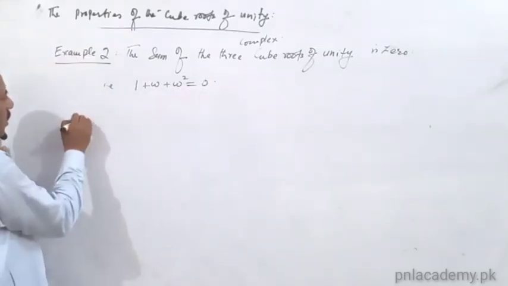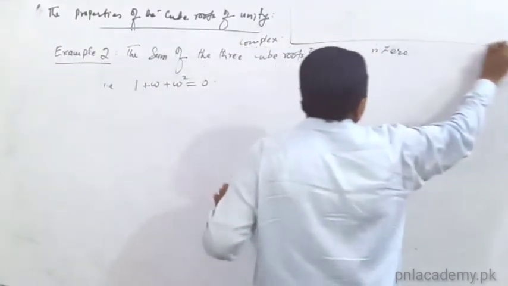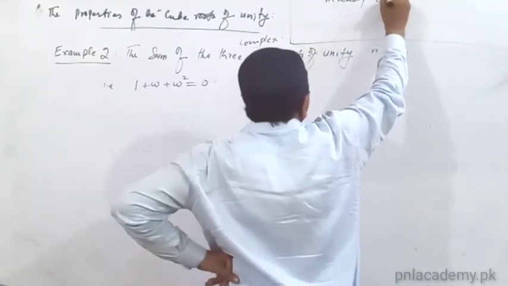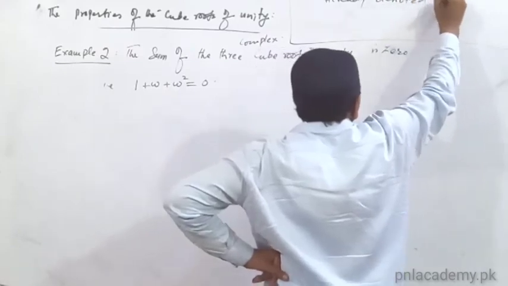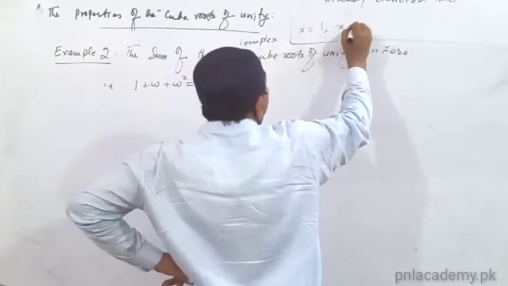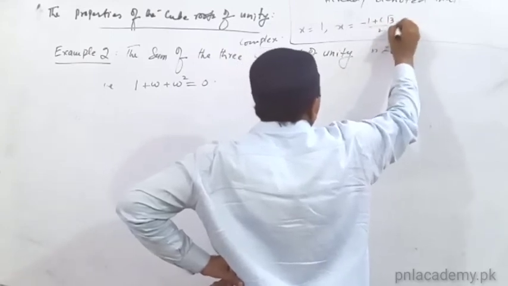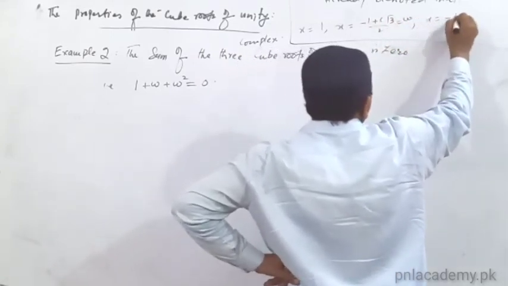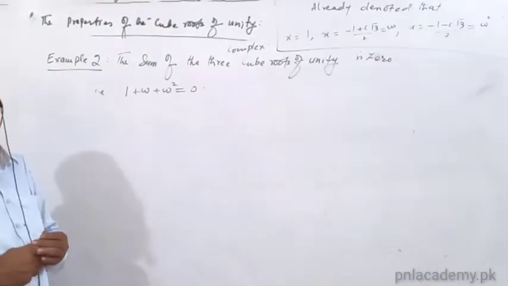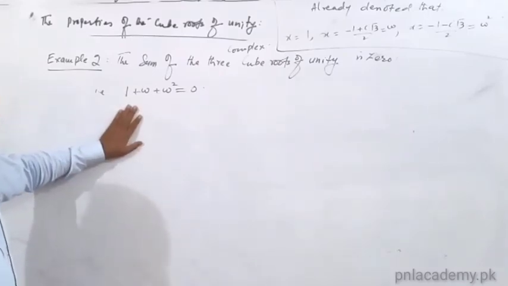As we already denoted, x is equal to 1, x is equal to minus 1 plus iota radical 3 upon 2, which is omega, and x is equal to minus 1 minus iota radical 3 upon 2, which is also omega square. The three cube roots of unity are 1, omega, omega square.